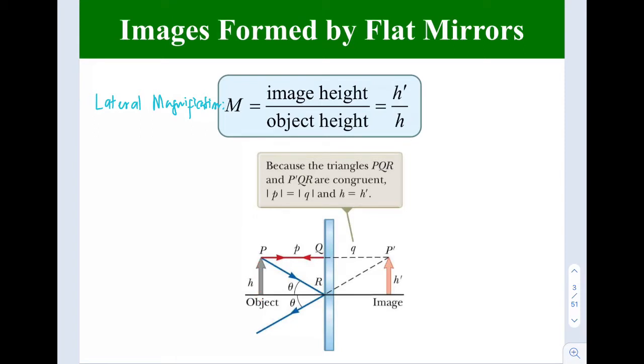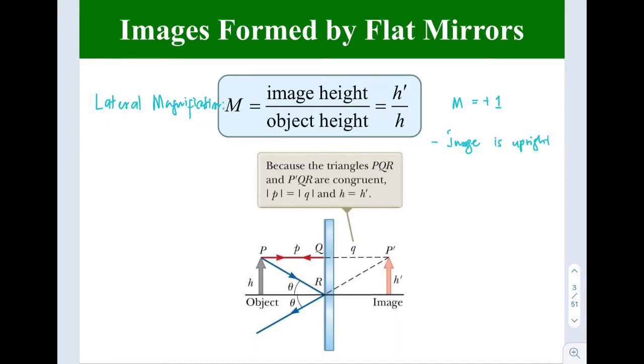For a flat mirror, if M is positive 1, what does that mean? h and h prime are the same, and the positive value signifies that the image is upright.